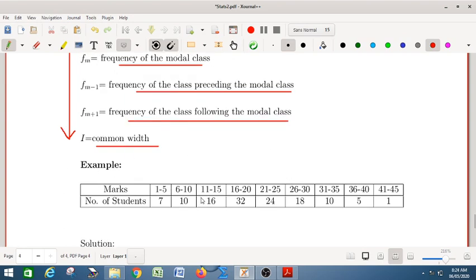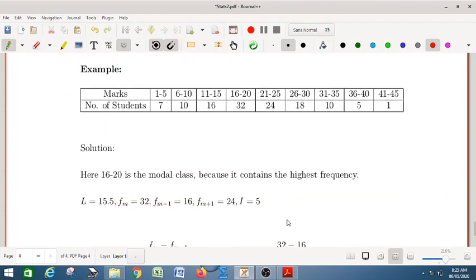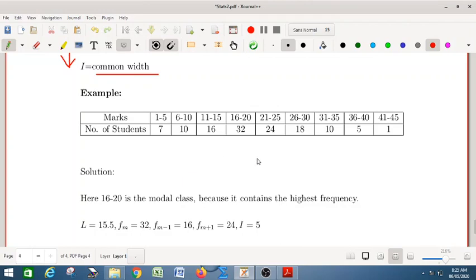So let us apply it with one problem. Marks are given. This is also discontinuous data, so class boundaries are required. The number of students is given here. What is the maximum frequency? Looking at the table, 32 is the maximum frequency, so the modal class is 16 to 20.